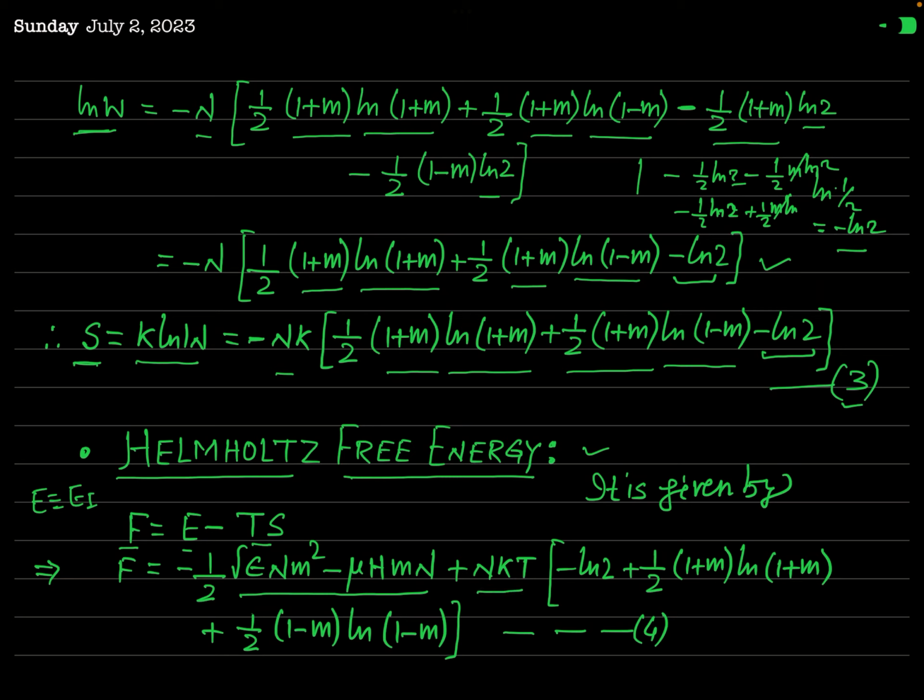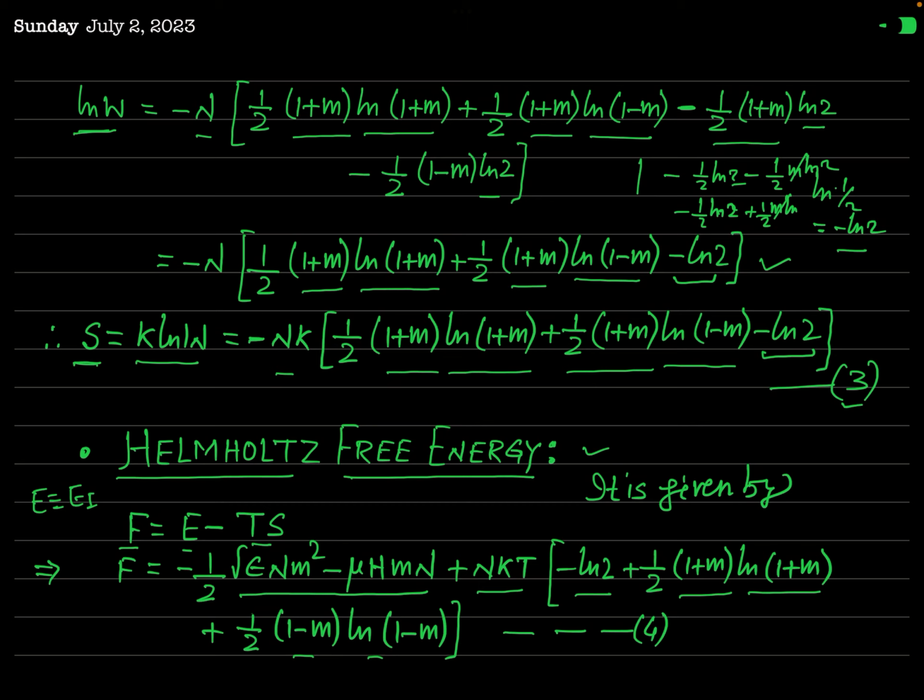So this is NkT times minus log 2. I have written this minus log 2 first, and plus 1 by 2 times 1 plus m times log 1 plus m, plus 1 by 2 times 1 minus m times log 1 minus m. So this is the expression for the Helmholtz free energy.